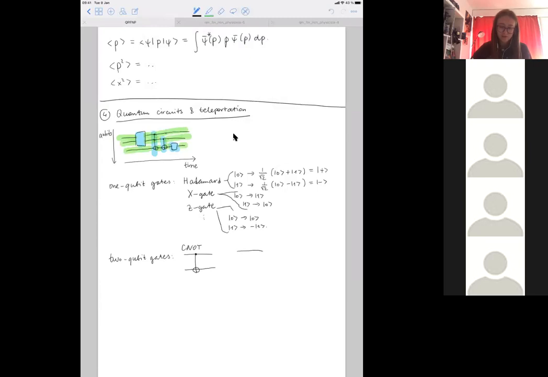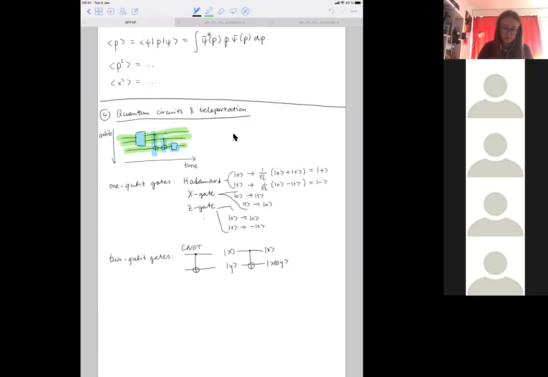So it acts in the following way. For example, we have both qubits in a pure state, like x and y. Then we act with CNOT, and in the end I have here x, and here x plus y. So the sum of the two bits that these two qubits represent, modulus 2.